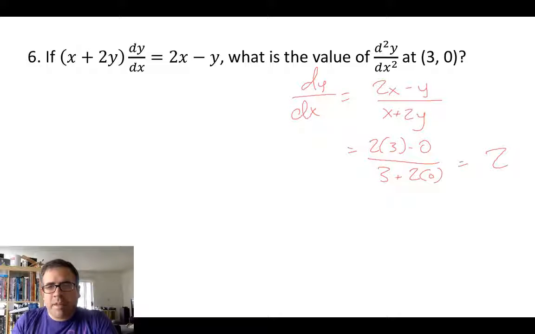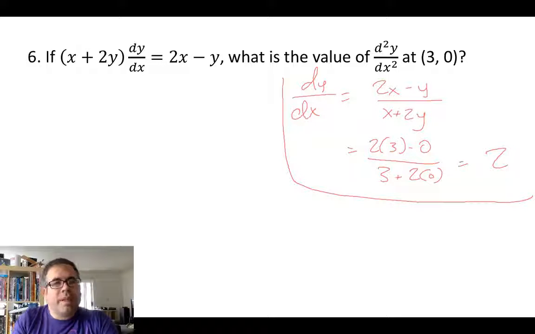That's a bit of side information we're going to use later, not quite yet. What we're going to do is take the derivative of this implicitly, and then plug in some values. So this is a product rule going on here.